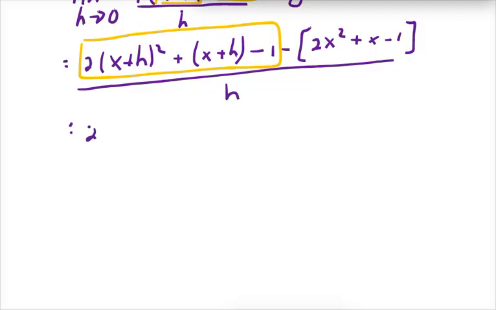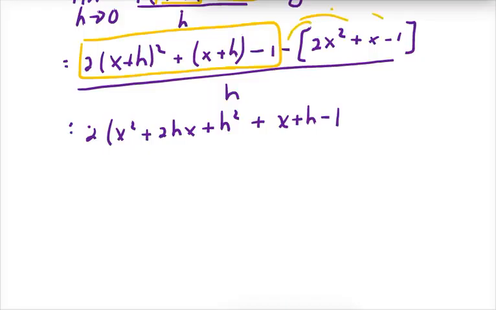So it's 2 times x squared plus 2hx plus h squared, plus the x plus h term minus 1, and then I'm going to distribute in the negative sign here, and that's a minus 2x squared minus x plus 1.